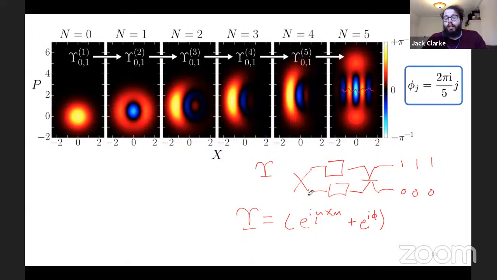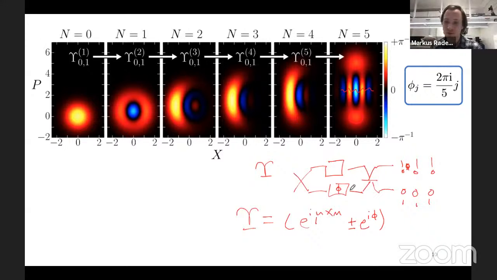Now, if we had a case where we had 0, 1, 0, 1, 0, 1, then we have a minus sign here. So mathematically, that's where this asymmetry is coming from, this extra phase that depends on the outcome and not the phase chosen here. So I hope that answers your question.